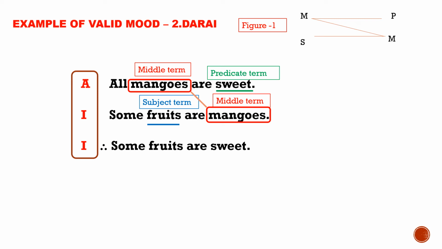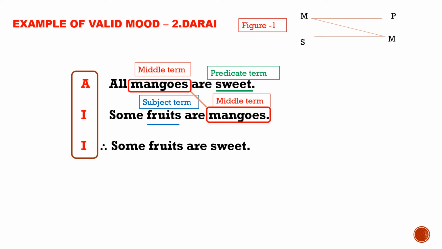Here also it's a valid mood because it fits all the rules. It does not violate any rules of syllogism. The subject term and the predicate term are undistributed in the conclusion, so no need of seeing them in the premises since it is an I proposition. And the middle term is distributed in the major premise since it is the subject of the A proposition. So it does not violate any rule.